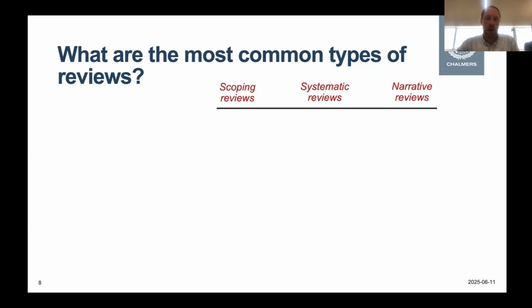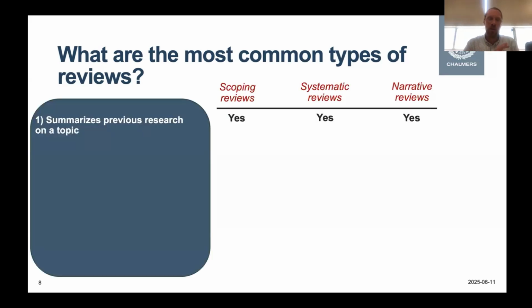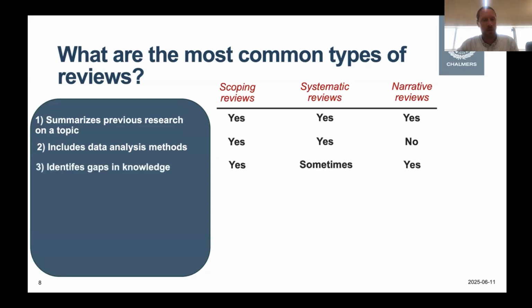Then there are ways to differentiate these more specifically, the scoping review, the systematic review, and the narrative review. If we look at if they summarize previous research on a topic, this is something that all of them are doing. When it comes to including data analysis methods, narrative reviews generally don't include any data analysis methods, while the others do.